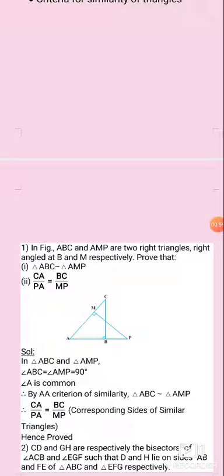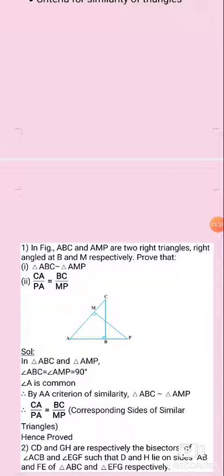Now, you need to consider those two triangles first. That is, in triangle ABC and triangle AMP. First condition, angle ABC is equal to angle AMP, which is 90 degrees. Second condition, angle A is common for both triangles.